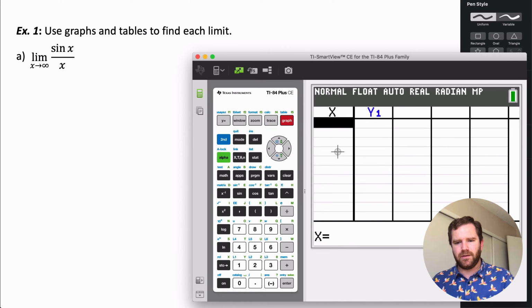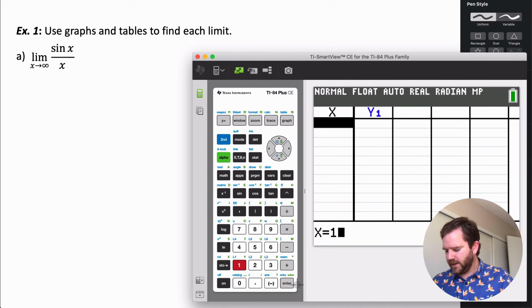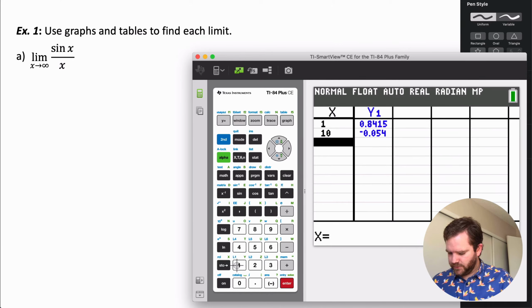But what does that look like from a table point of view? So as we're going off to positive and negative infinity, that means our x values are going to be getting larger and larger and larger. So if I plug in something like 1, I get this, 10. What happens at 10? 100, 1,000.